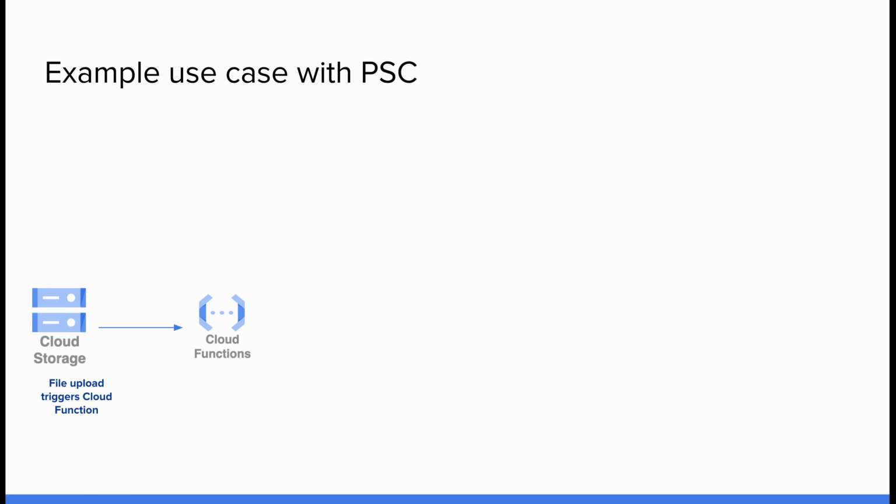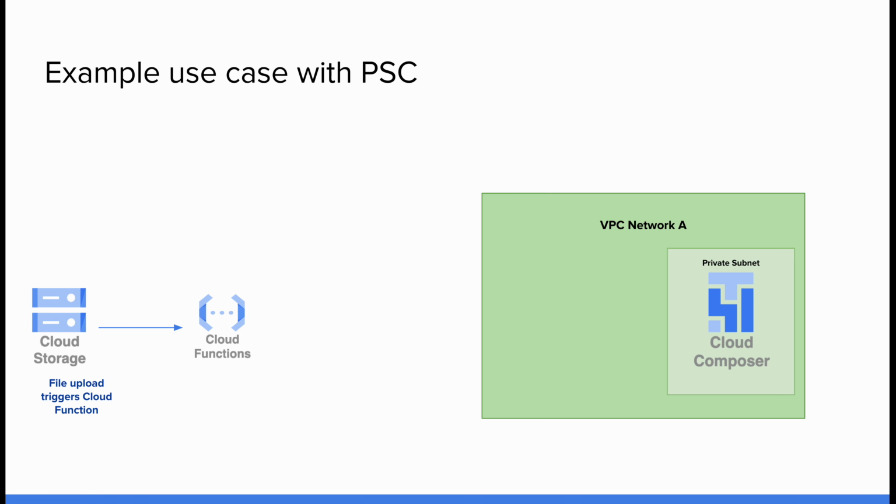This upload triggers a notification to the Cloud Function, and then the Cloud Function, which is not in any VPC, receives this trigger and needs to communicate with Cloud Composer to process the file. And again, the Cloud Composer environment is hosted in a private subnet within a VPC. So because Composer is in this private subnet without internet access, the Cloud Function can't connect directly.